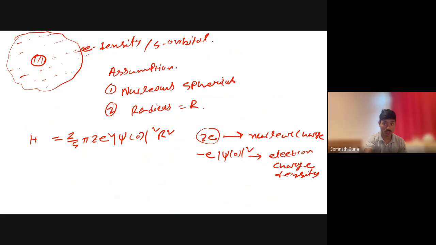It contains a negative sign as the electron is negative, and overall minus e gives the overall term positive. This is the Hamiltonian operator we are getting.